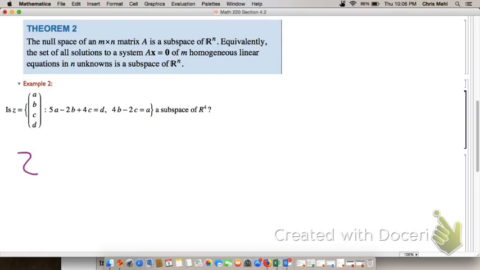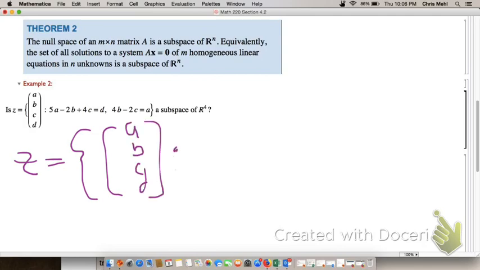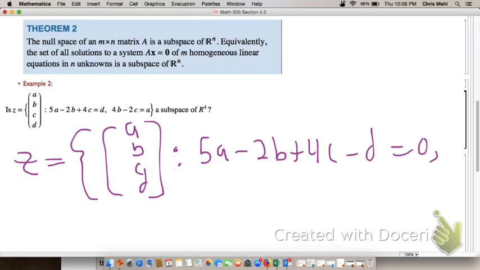And I could rewrite the set Z as a set of all vectors A, B, C, D, such that 5A minus 2B plus 4C minus D equals 0, and 4B minus 2C minus A equals 0.